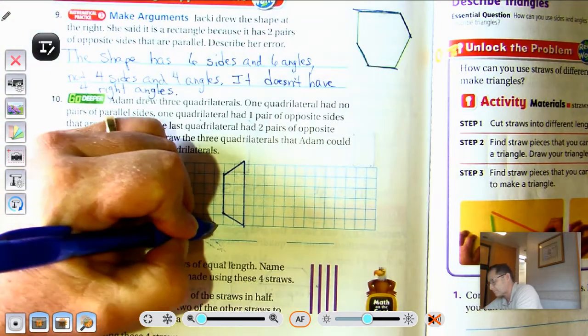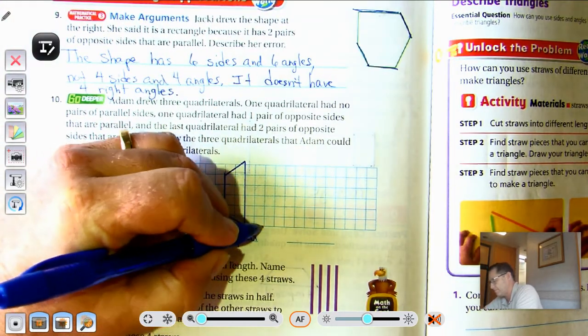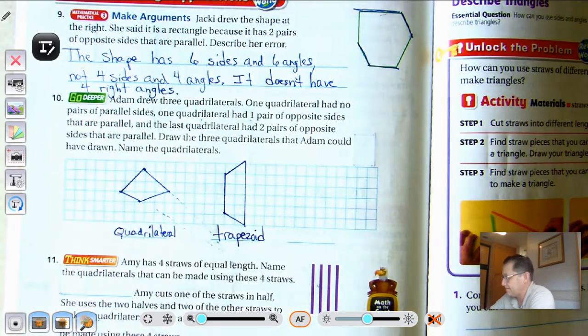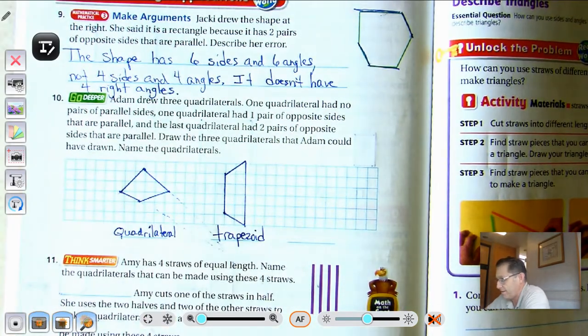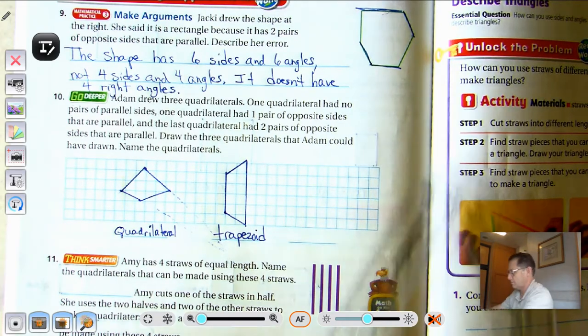And so that's a trapezoid. Okay, and then the last one had two pairs of opposite sides that are parallel. Well, that could be a rectangle, a rhombus. So just choose something.